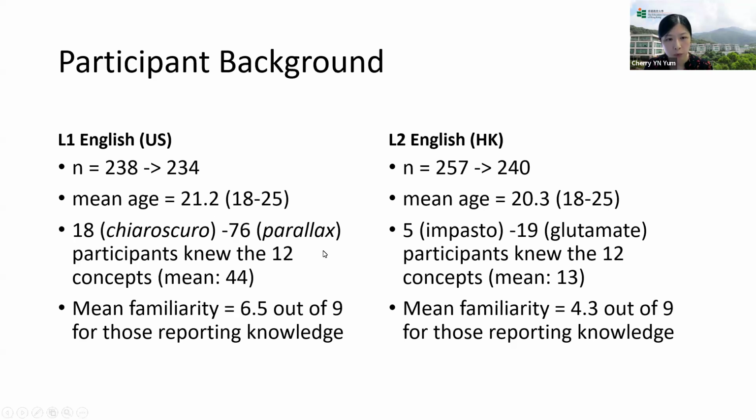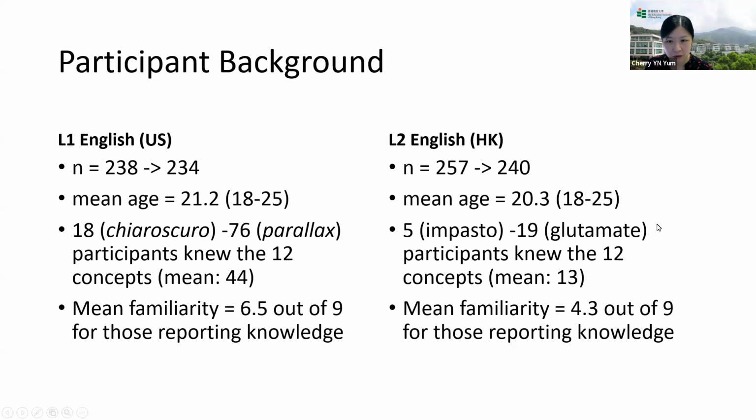So for the L1 group, we see that actually 18 to 76 participants reported that they knew one of the 12 concepts. The most known word from our stimuli list is parallax, whereas the least known is this one, chiaroscuro. And for participants who reported word knowledge, they said that they are maybe 6.5 out of 9 points familiar with this concept.